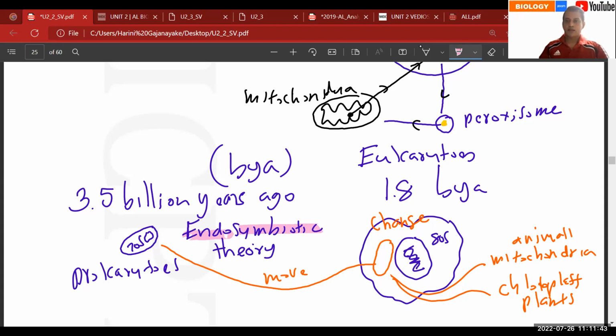So the benefit is this produces energy as ATP, and from this cell it gets nutrition like glucose. Eukaryotic cell gives glucose, and mitochondria give ATP. So they benefit each other, and this is called endosymbiotic theory. That's the explanation given to explain why that cell has 70S ribosome and circular DNA.